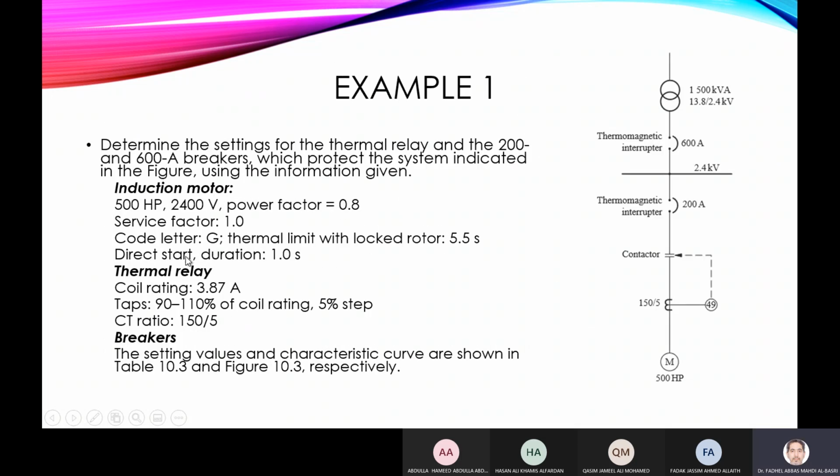So I have this time, I have also that it is direct start, because some motors can be started using star delta starter, using auto transformer starters, using soft start, which reduce starting current, but this is direct, so you apply rated voltage directly once you switch on the breaker. So we call it direct start. Duration of starting time is 1 second.